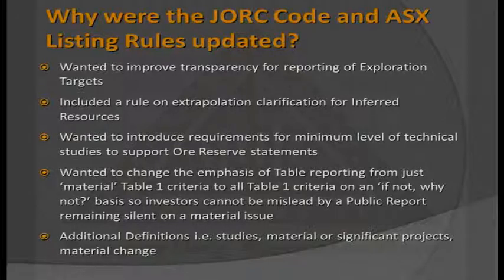There was inclusion of a rule on extrapolation clarification for inferred resources. So for an inferred resource, if you've got a certain amount that's defined by extrapolation, there's now a requirement to actually define how much has been extrapolated as a proportion of the total of that inferred resource.